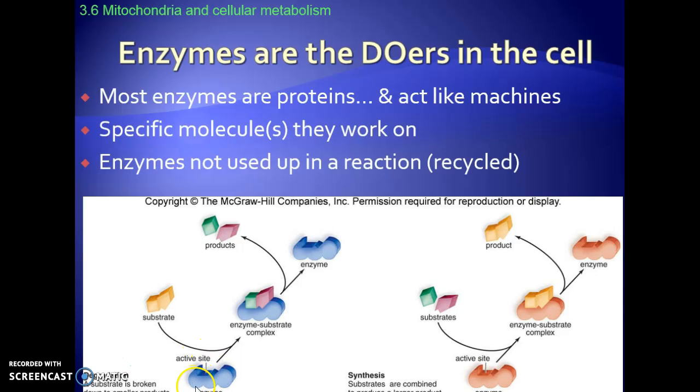You have the enzyme down here in blue, and a substrate comes in and sits in that active site, forming a complex of the enzyme and the substrate. The end product is two pieces instead of one, and then the enzyme is released and goes on to do the same thing over and over again, constantly breaking a molecule down into two smaller pieces.